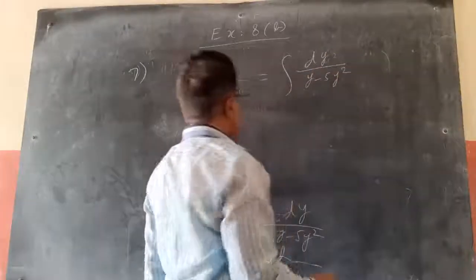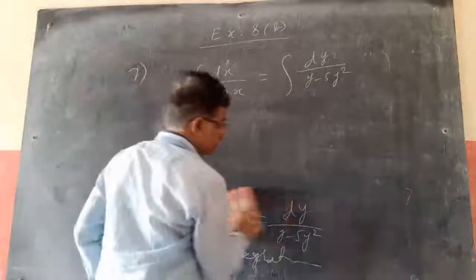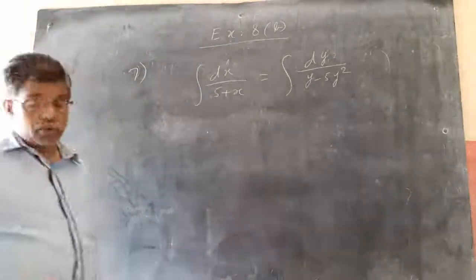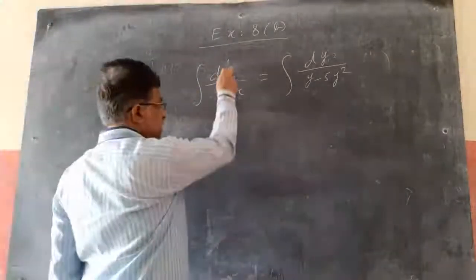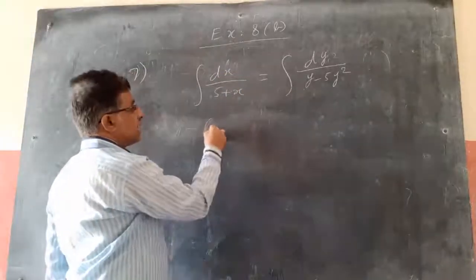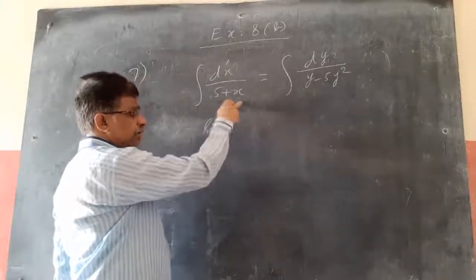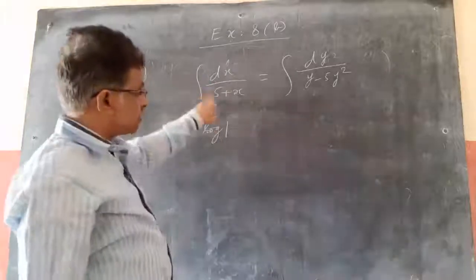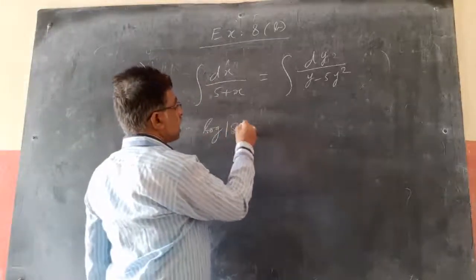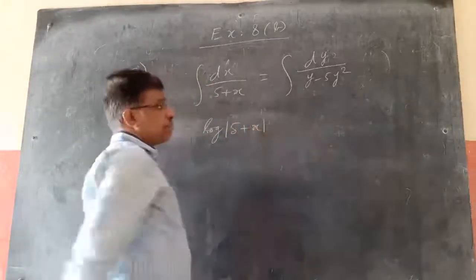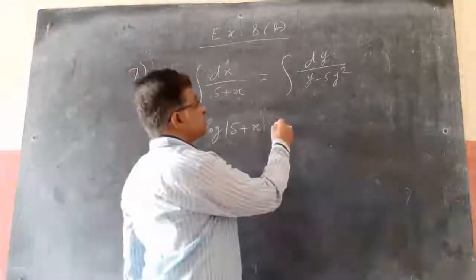And this sum is very important for 4 marks. Now, how to integrate this part? This is of the form integral of 1 by x dx, directly log mod x, because the derivative of 5 plus x is 1 only. So f dash x by f x gives log mod f x. So log mod 5 plus x.